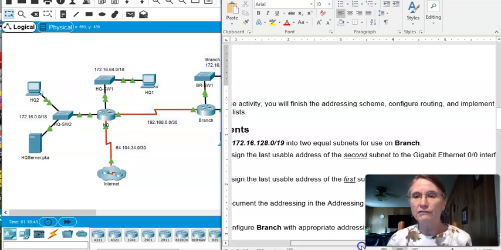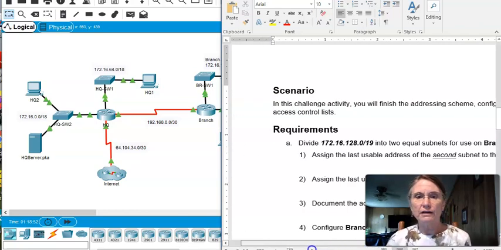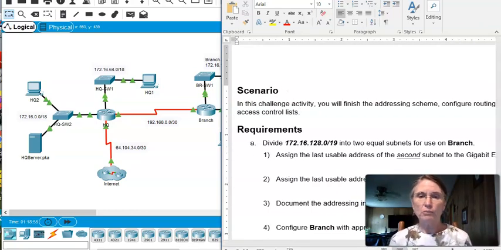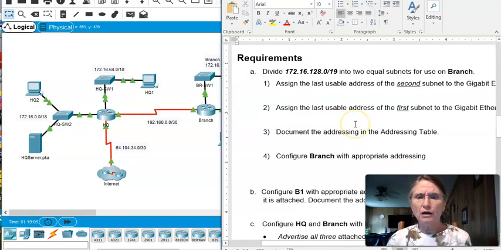Then you are going to configure a little bit of static and routing protocol configuration, and finally work a little bit with access control lists, which is the main topic in the current chapter.